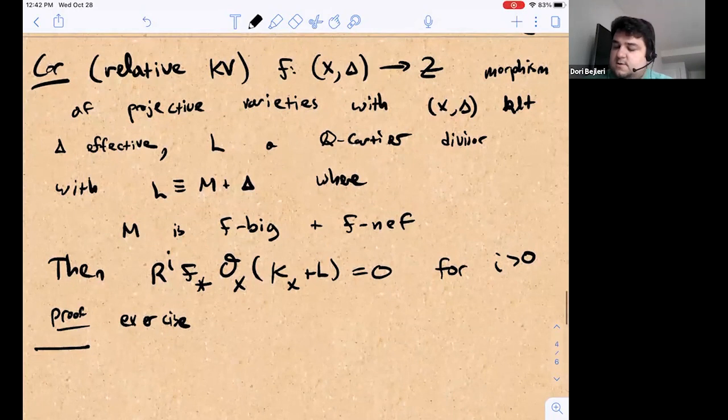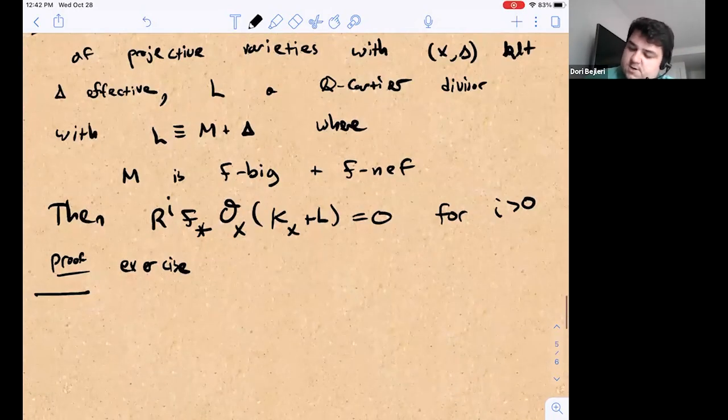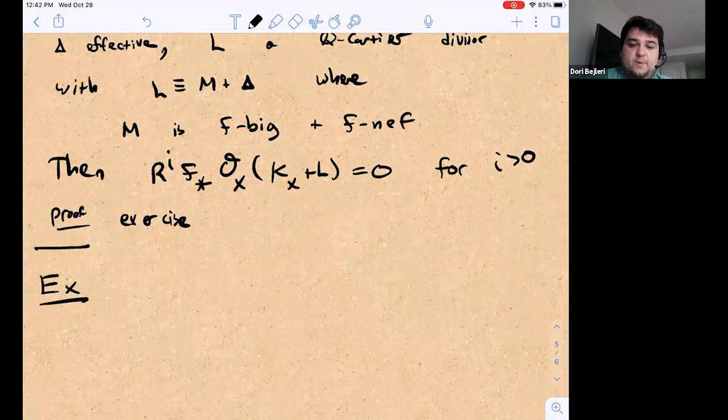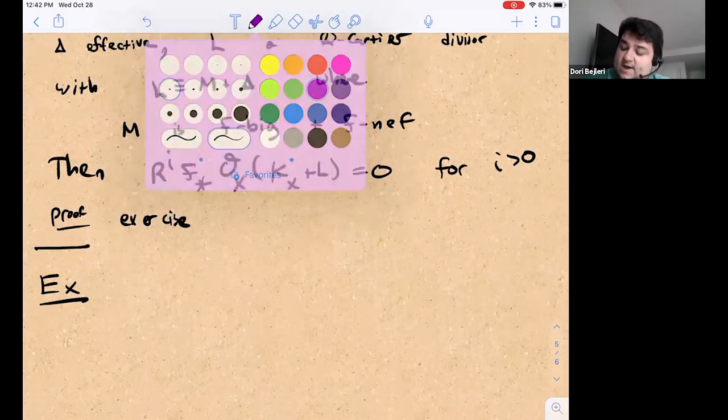But you can still wonder to what extent is it true when you do have some coefficients 1. So let's just do an example to show that in general it will fail. But this example, I think, illustrates why it fails.